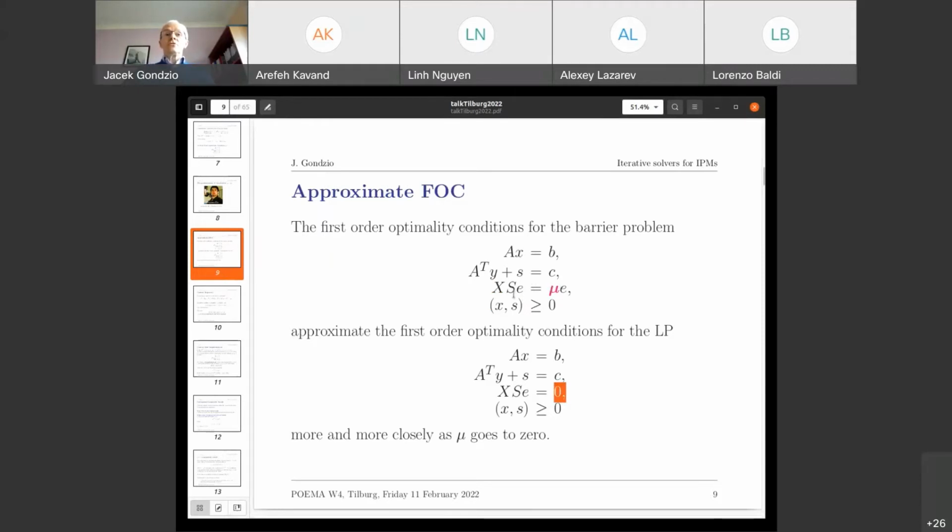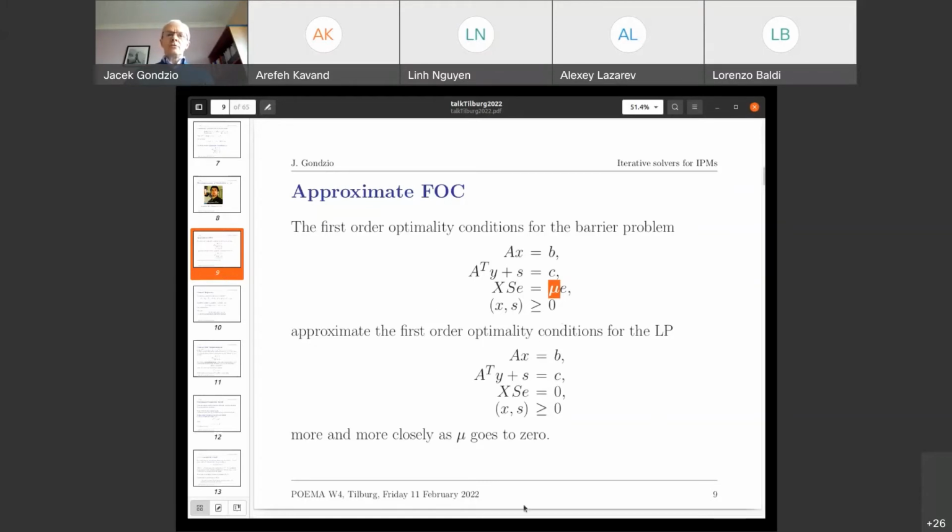It is the condition saying that the product of xj times sj for every component j should be equal to the value of the barrier parameter. And this is the essential difference compared with the simplex method, or more broadly, with any kind of active set method.